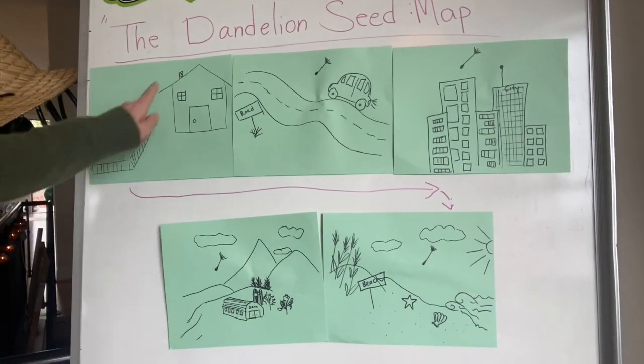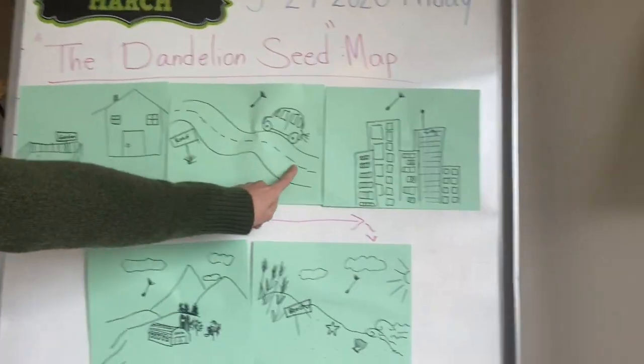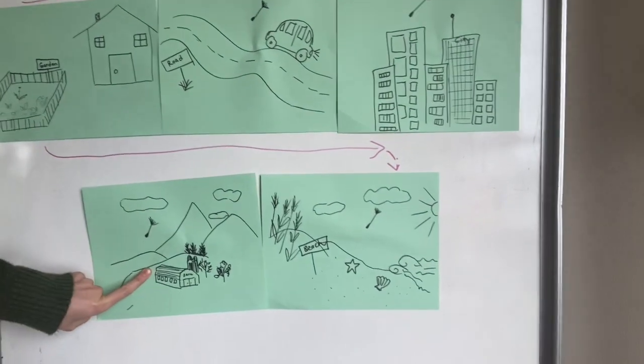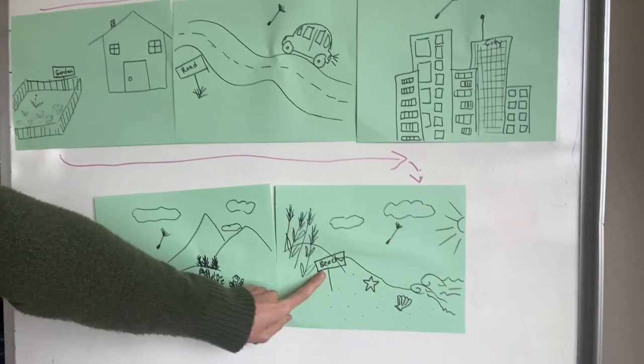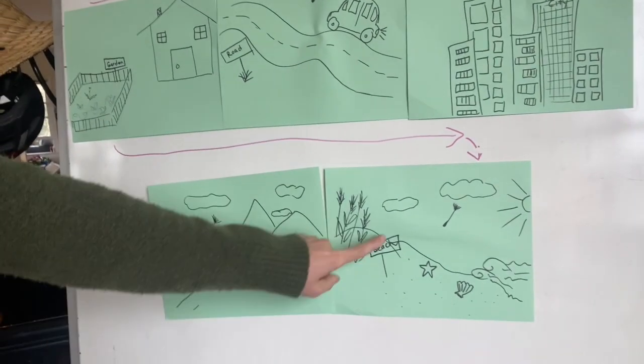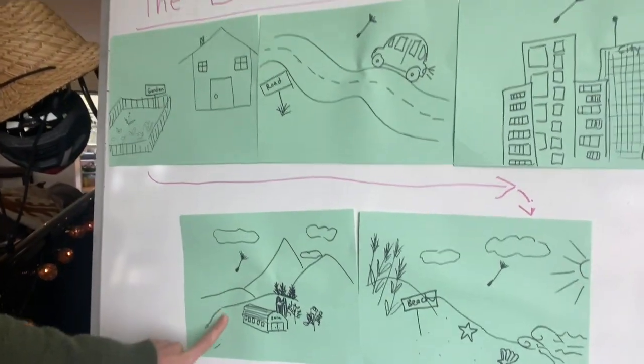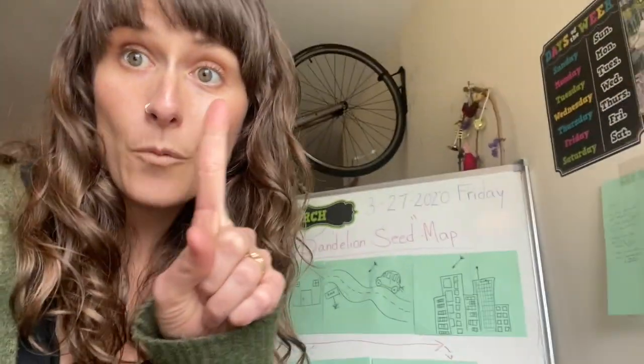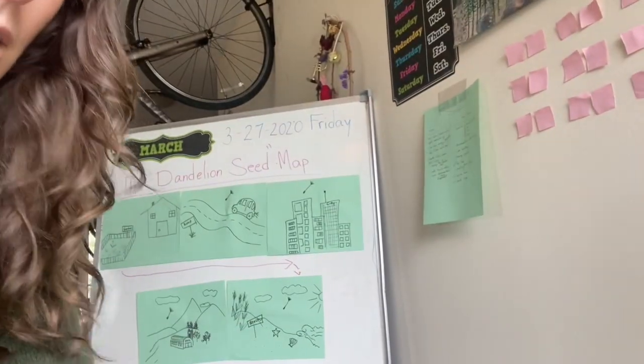We float, float, float down the road to the city. Then come down here and we go to the beach and then float all the way over to where we land here. So that's one way that you could do this project.